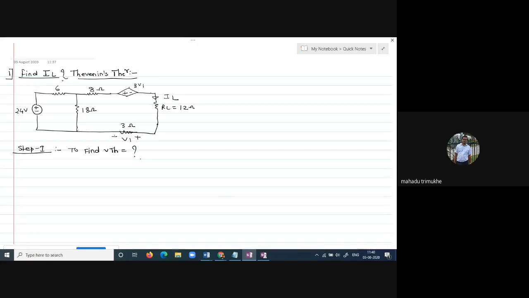But the controlling parameter is V1, 3V1. V1 is given, the polarity is from positive to negative, so we have to assume V1 is your V1 dash. So we remove the load resistor, from positive to negative, that is point A and point B.